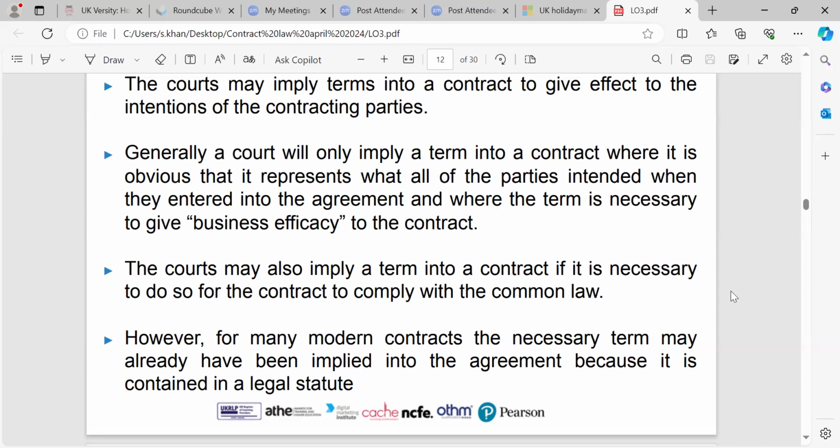The next example is minimum wage. So in an employment relationship, there's an implied term that the employer will pay the employee at least the statutory minimum wage. And another example is terms implied by statutes, as we mentioned earlier. Various laws such as consumer protection regulations can impose implied terms on contracts to safeguard the rights of certain groups.